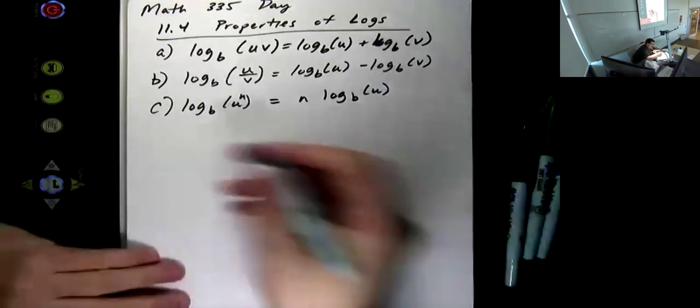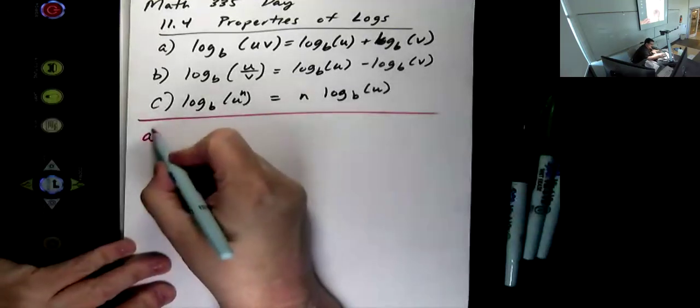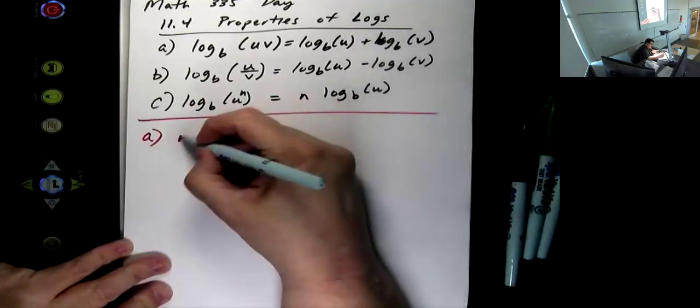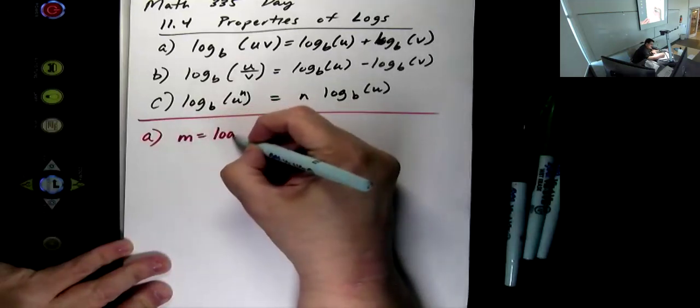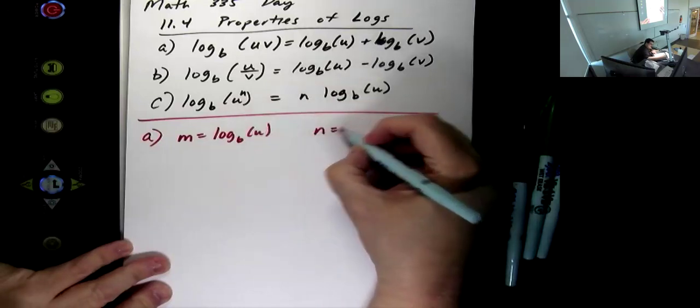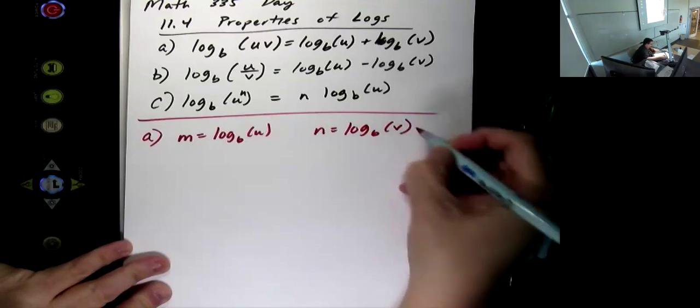All right, let me show you how you get A, and B is very similar. For A, I'm going to say m equals log base b of u, and n equals log base b of v.